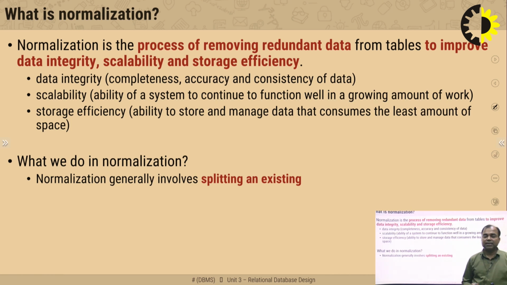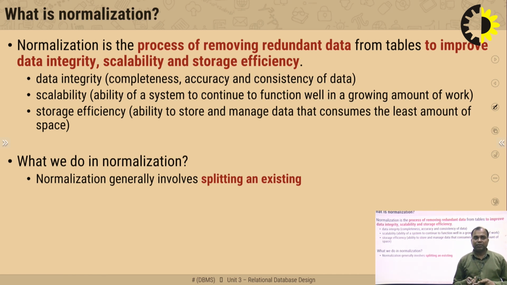So it is the process of removing redundant data from the tables to improve data integrity, data scalability, and storage efficiency. These are the important keywords here: we save storage, we get scalability of data, and we get integrity of data.